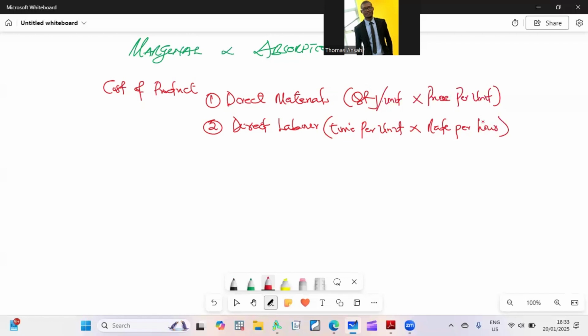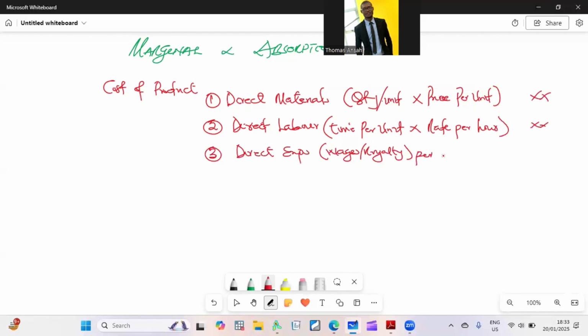Now the main problem is the last one. We will need overheads. Of course, you can say you need direct expenses. If there are direct expenses, like wages standing on their own, or let's say royalty, you need them per unit.